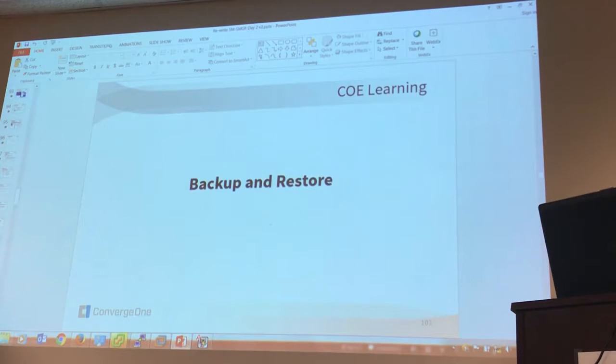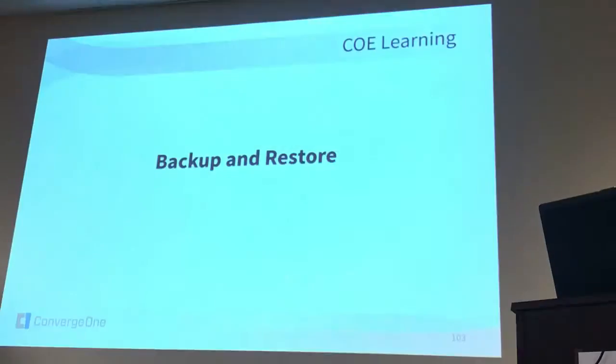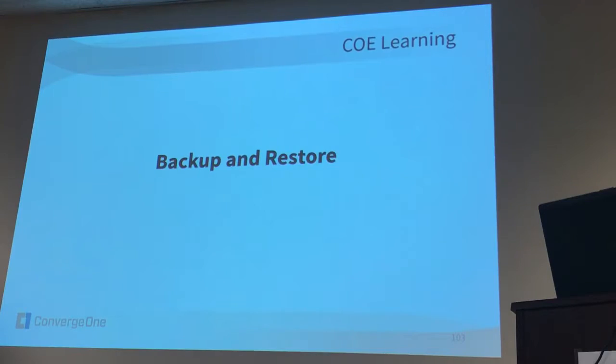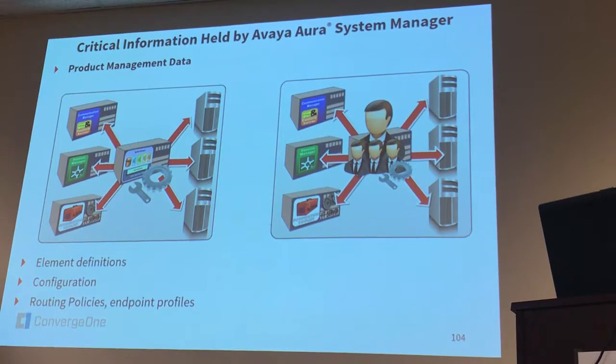Backup and restore. So when you back up System Manager, you're backing up all of the product management data, like all of the information that you currently have in System Manager, even information related to the applications that you're managing from System Manager.